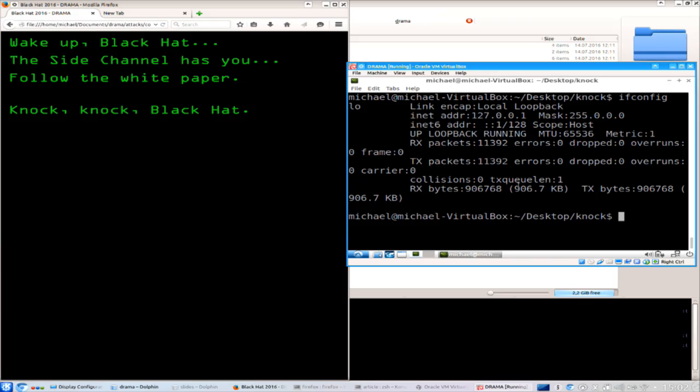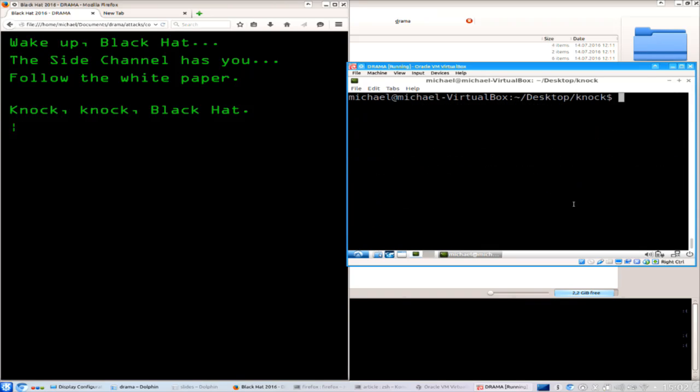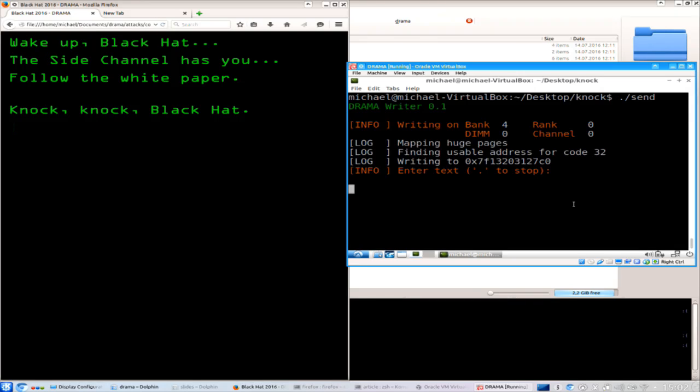Our goal is to extract information from the virtual machine and send it to the browser so we can get it to the internet. Before, I loaded the JavaScript in the browser, did some stuff on DRAM, found vulnerable pages, and I did the same in the virtual machine. They now have a channel open, and I should be able to get information out of the virtual machine to the browser.